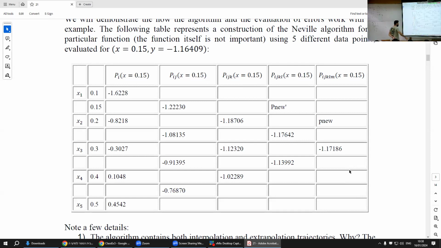So if we use only the information that someone gave us about x5, we would say the answer is 0.45, the value of the function. If I told you that the function at x5 is like this, and I ask you about some other x, what's the best that you can do? Okay.